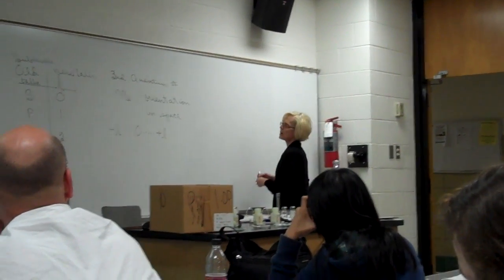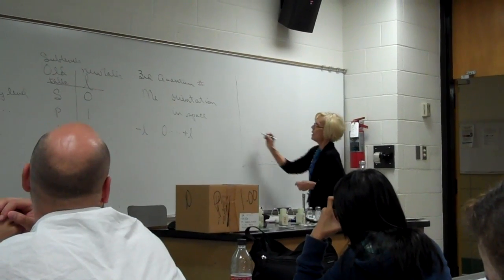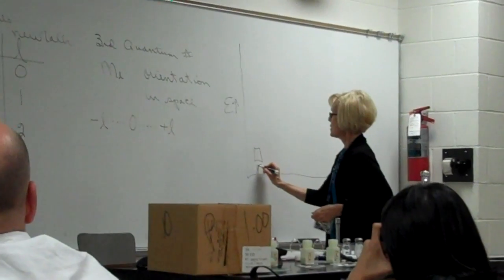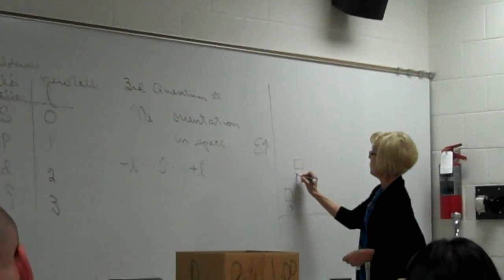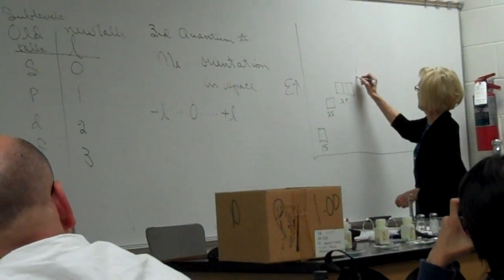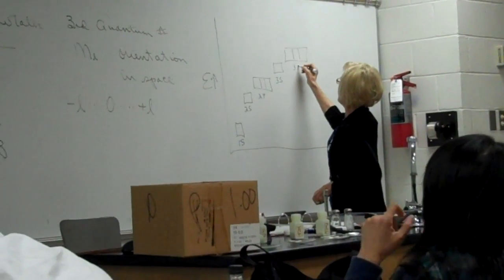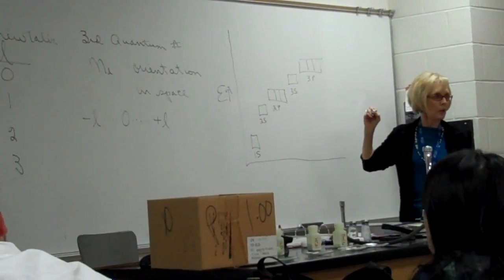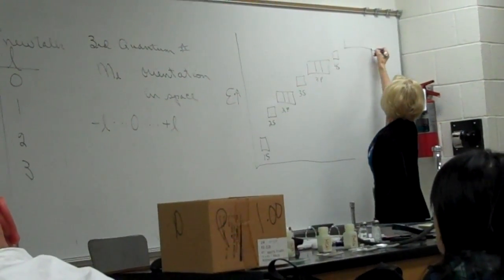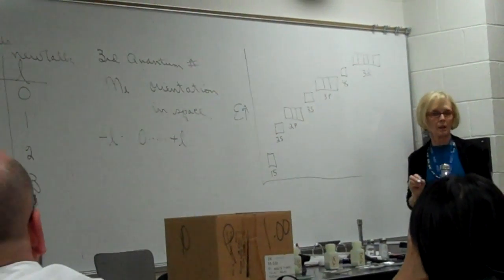Let's go back to the box diagrams. Remember, energy is increasing this way. This was the 1s, we have the 2s, we have the 2p, we have the 3s, we have the 3p. What comes after 3p? 4s. 4s, good. Then we go back and pick up the 3d.